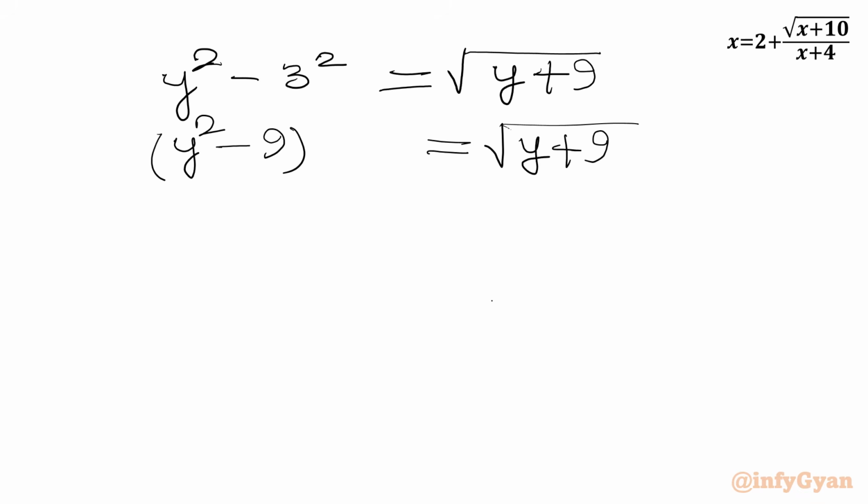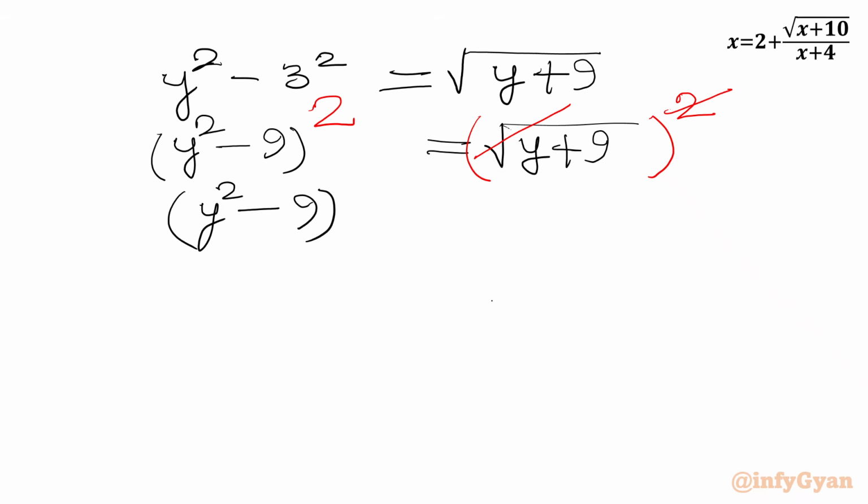Now we have a square root in RHS. So let us take whole square both sides. To remove the square root from RHS, we will cancel a square root with a square. We will get y square minus 9 whole square in left hand side, and in right hand side we will write y plus 9.